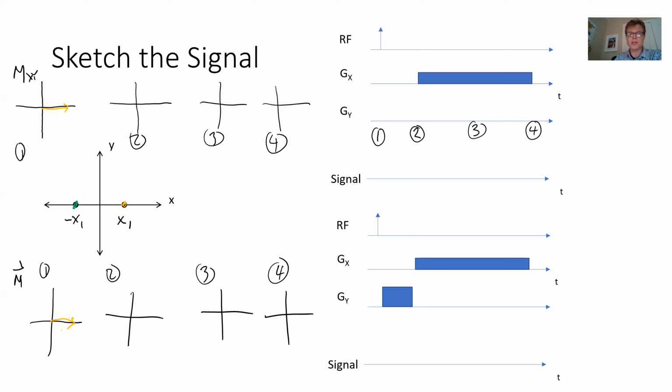In the top sequence here, when there's no gradients applied, we have no phase accrual and no change in frequency. So at time point 2, there's no change in the net magnetization.